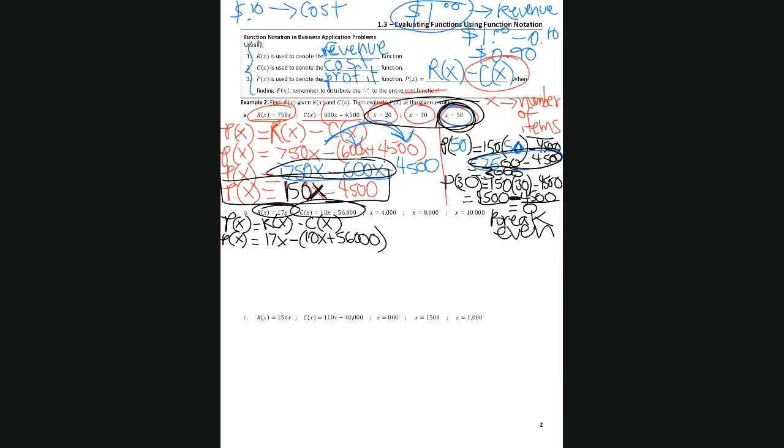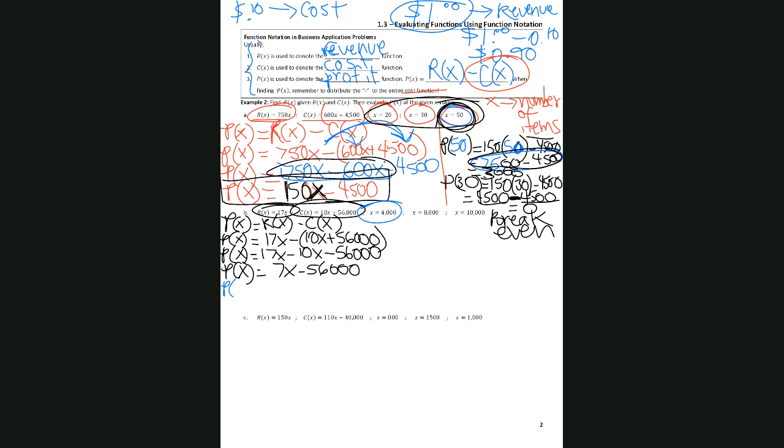So remember, we must distribute the negative sign, and then we will combine like terms. So here we have 17x minus 10x minus 56,000. So this is going to give me 7x minus 56,000.